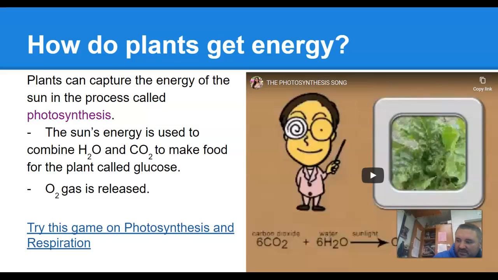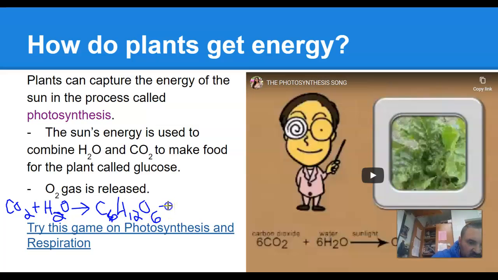The equation of photosynthesis is CO2 plus water yields C6H12O6 plus, which is glucose, by the way, plus oxygen gas.